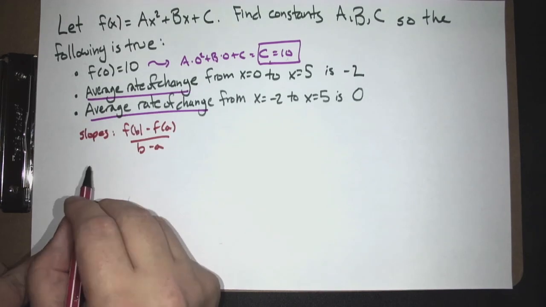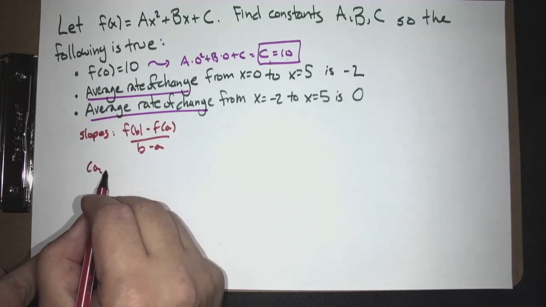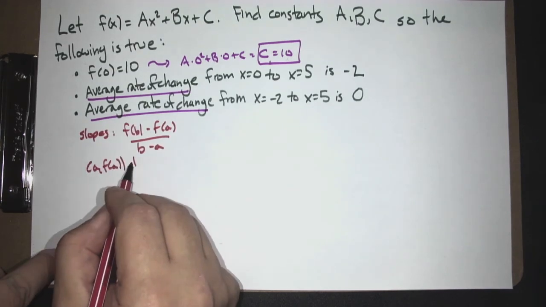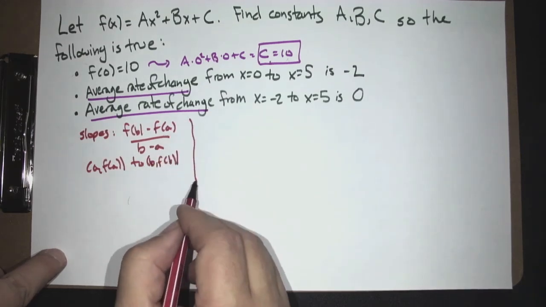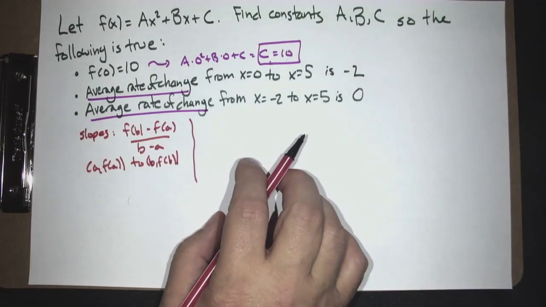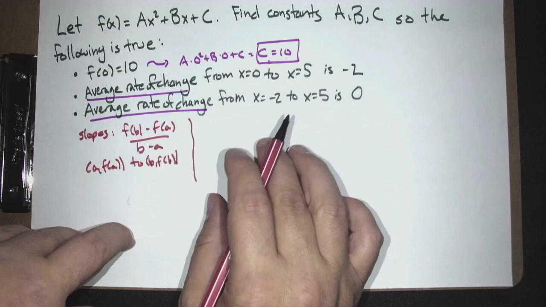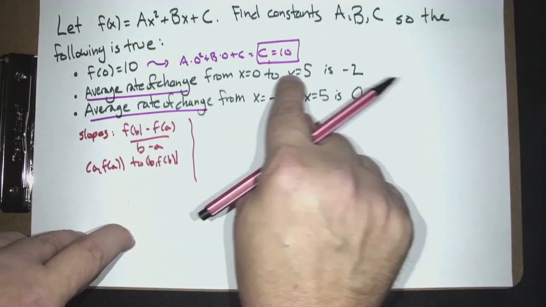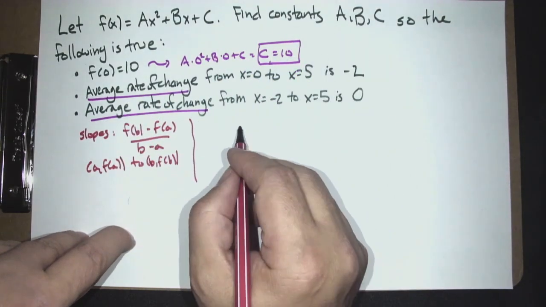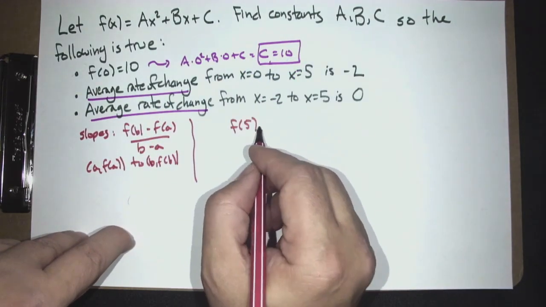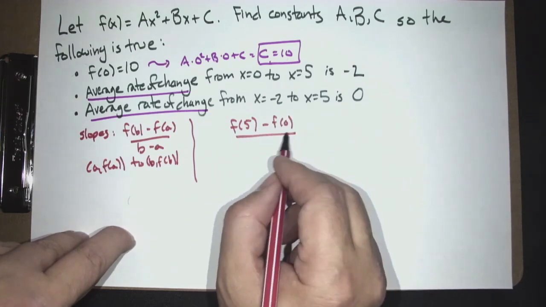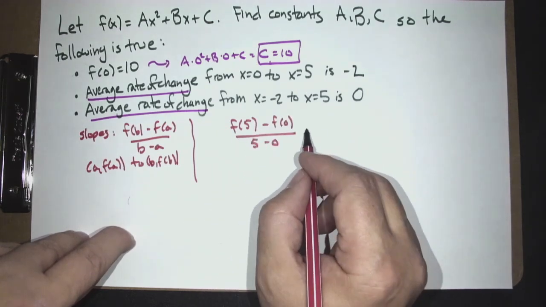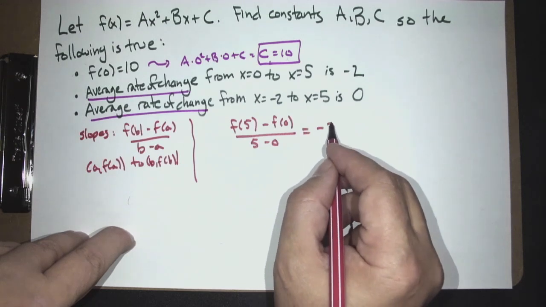It's the slope between the points a comma f of a to b comma f of b. So we have this x equals 0 to x equals 5 is negative 2. So we have f of 5, subtract f of 0, divide by 5 minus 0 equals minus 2.